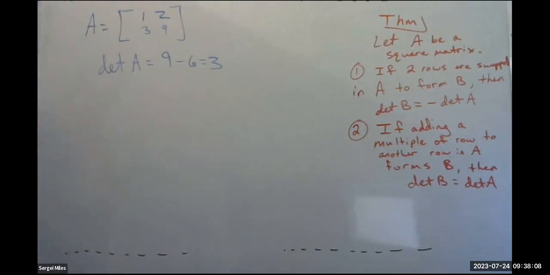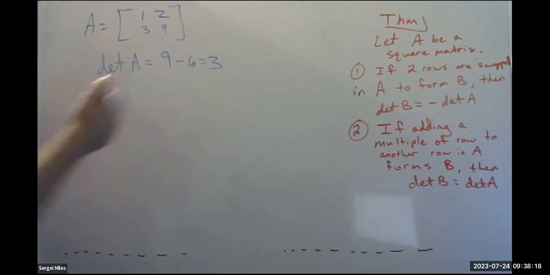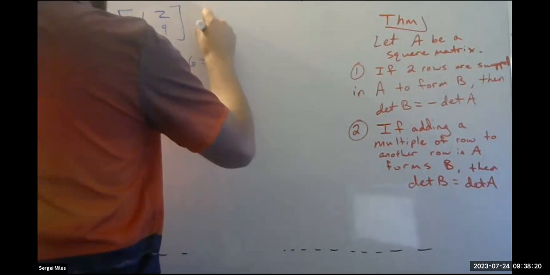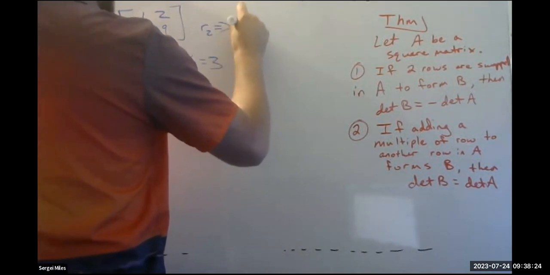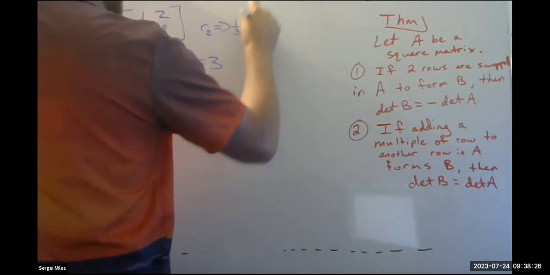Okay. But maybe you're working through this and you notice, well, hey, wait a moment. Row 2 has a common factor of 3. What if I factor out 3? So let's take row 2, and I'm going to factor out a 3 by multiplying it by 1/3.